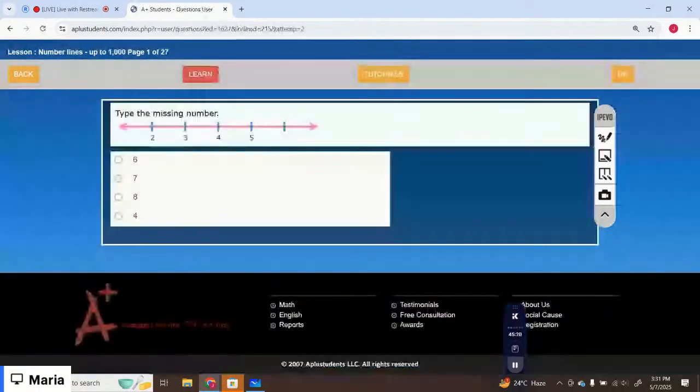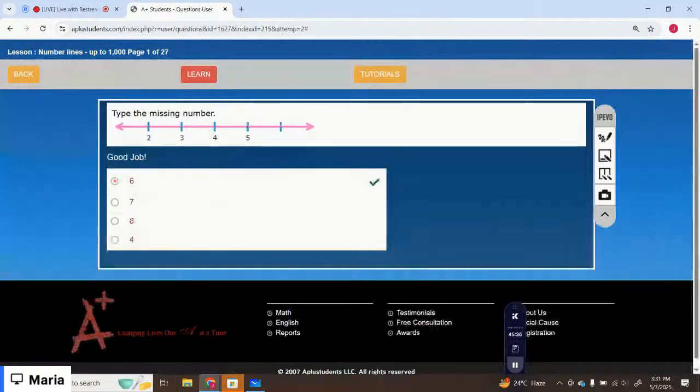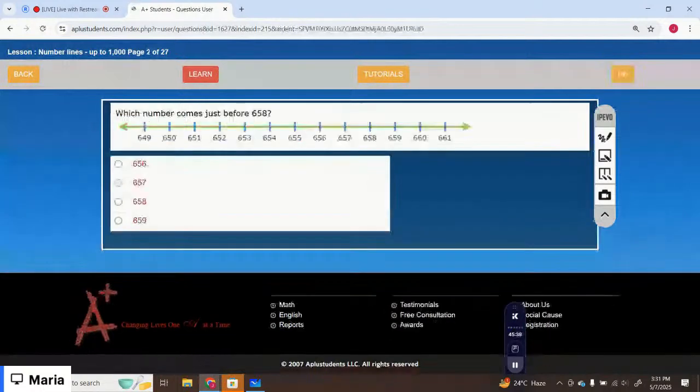Type the missing number. The next number after the 5 is that is 6. Option number 1 is the correct option. Which number comes just before 658?